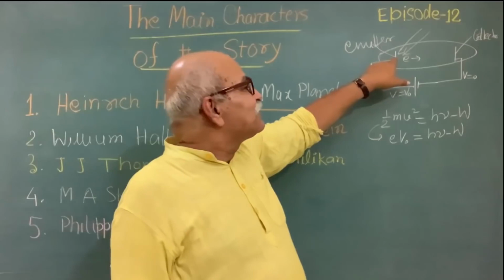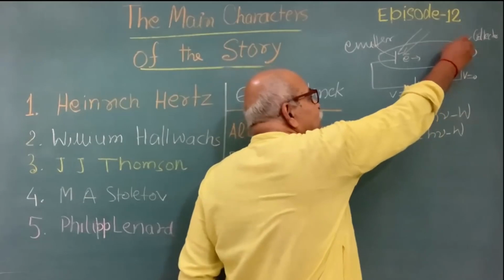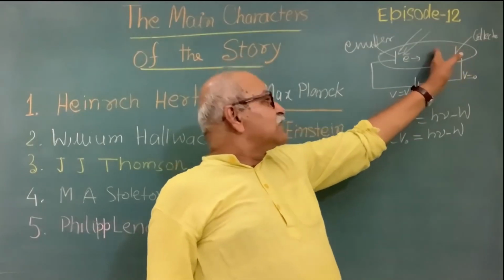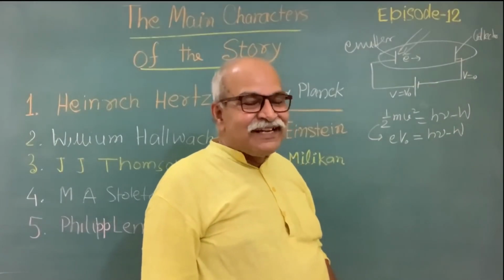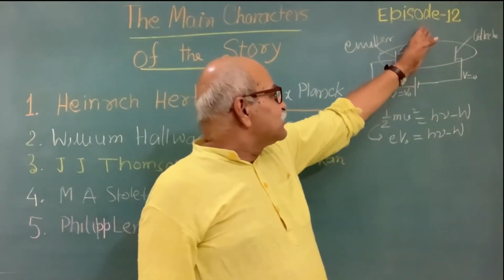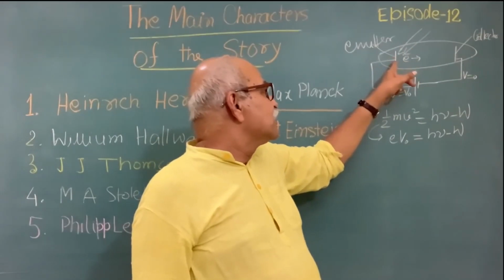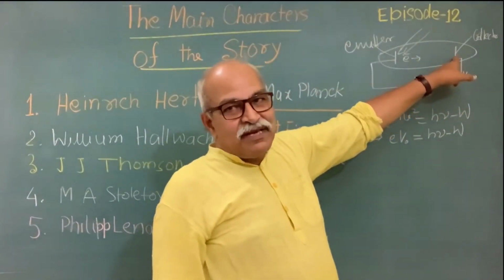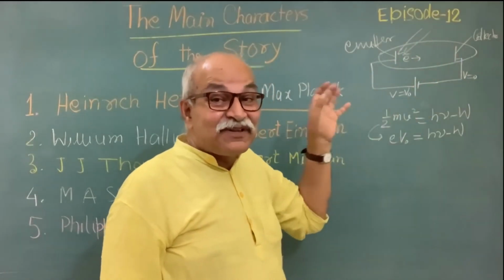A lot of light is reflected from the walls, and if that reflected light falls on the collector and electrons are ejected from this side also, then the equation will not work. And so they are dissimilar materials. This frequency should be able to eject electrons from here, but the same frequency should not be able to eject electrons from here. So you have to choose the material properly, and Millikan has taken care of all these things.